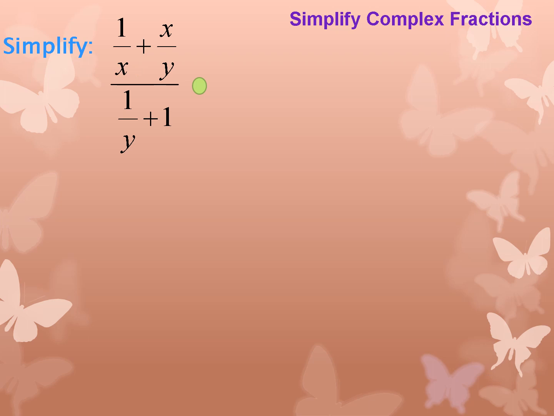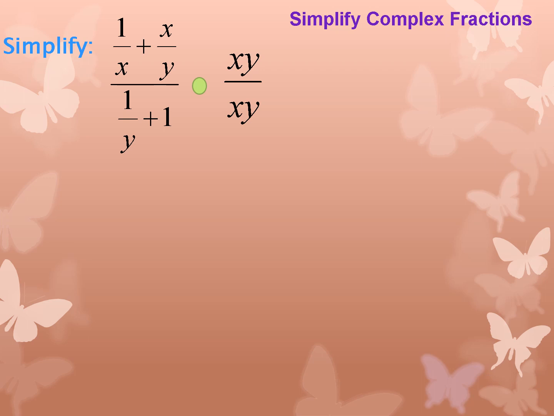Okay, so now we're going to multiply top and bottom by the LCD. Again, we're not changing the value, we are just changing the way it looks, because xy over xy is 1. So this is going to help us clear those fractions on the top and bottom.